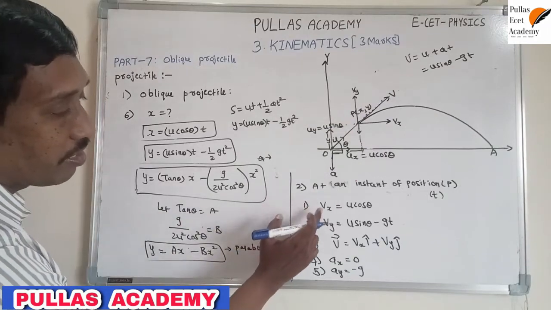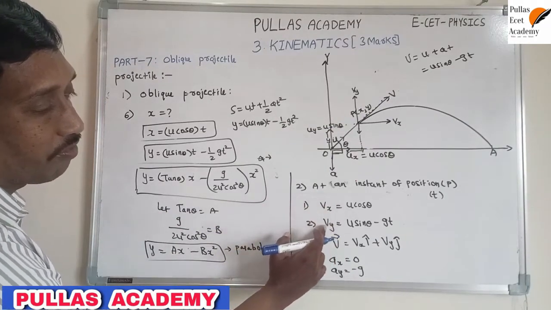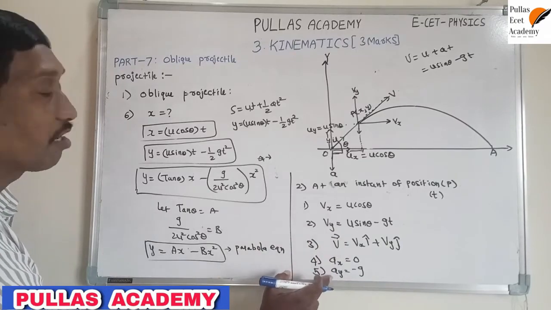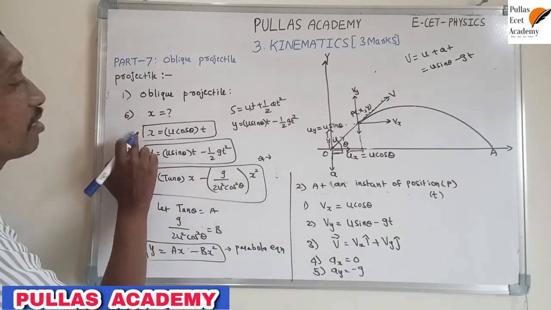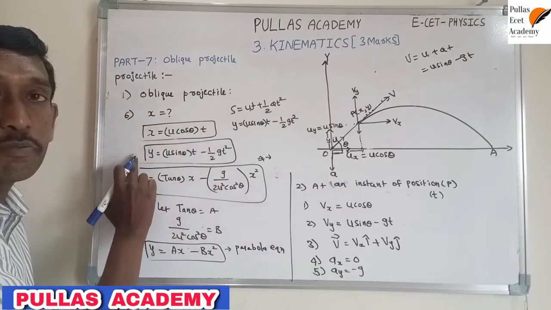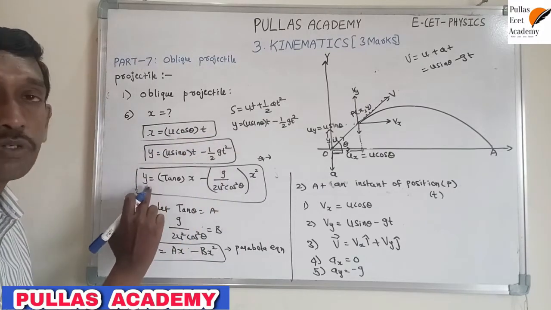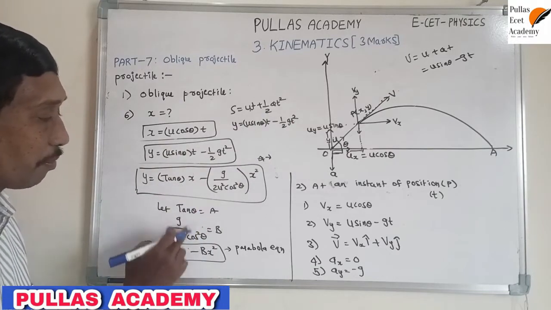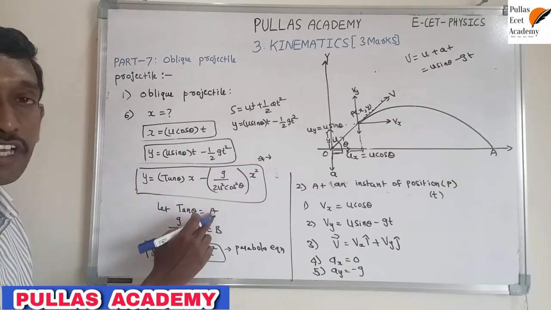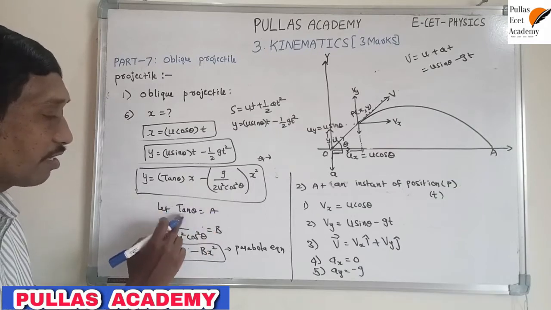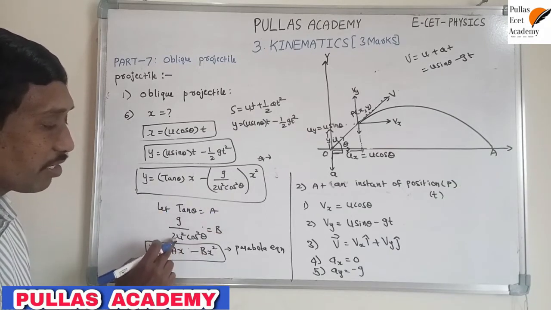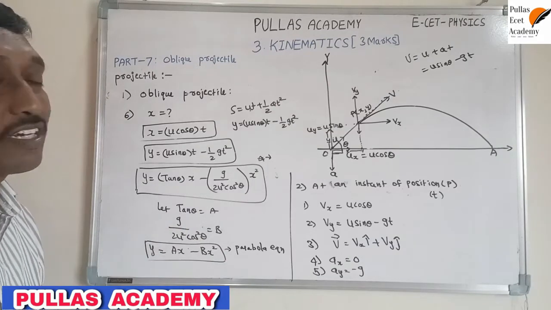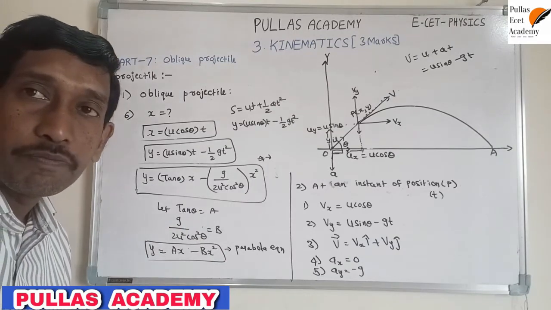So this is horizontal velocity, vertical velocity, total velocity, acceleration along horizontal, vertical acceleration, displacement along horizontal direction, displacement along vertical direction. This is the total displacement of this oblique projectile. What is the expression for this constant A? It is tan theta. The expression for B is g by 2u square cos square theta. Finally, here we proved the trajectory of this projectile is a parabola.